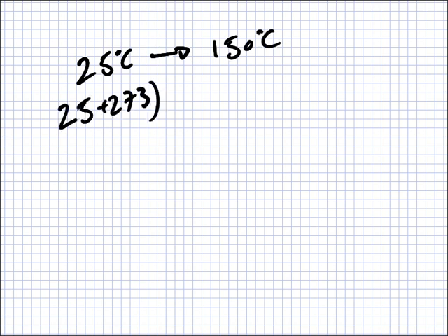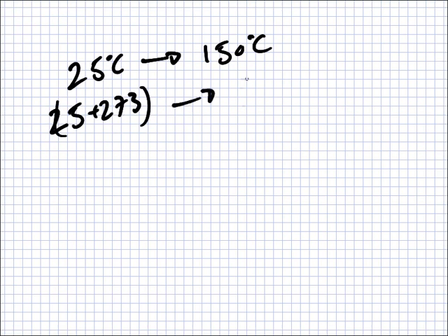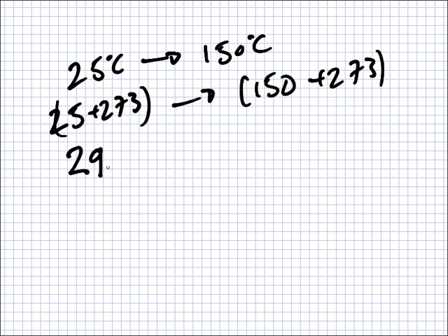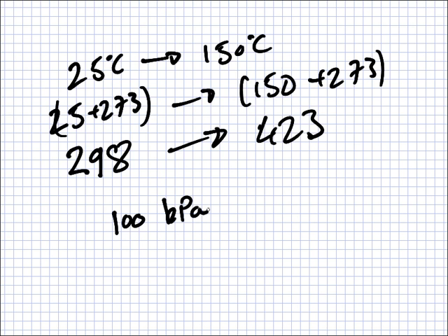So the temperature goes from 25 to 150. That's 25 plus 273, to 150 plus 273. So what's this? 298. And this one here? 423. So the pressure is 100 kilopascals.